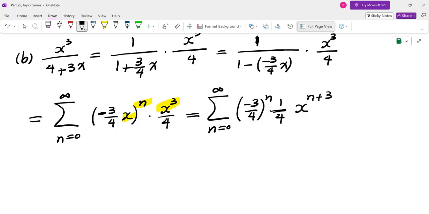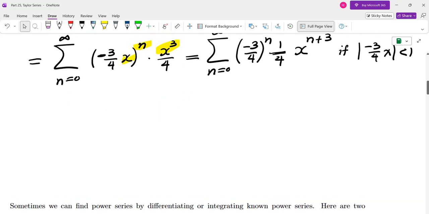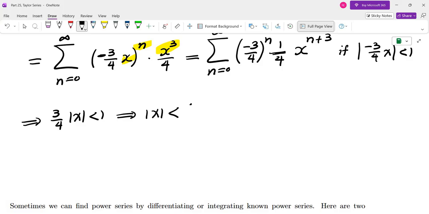Now, when do we have this equality for geometric sum? When the common ratio is between -1 and 1. So this is if absolute value of negative 3/4 x is less than 1. Let's simplify that and see what we get. So we get 3/4 absolute value of x is less than 1. We are going to multiply by 4, divide by 3. We get this.